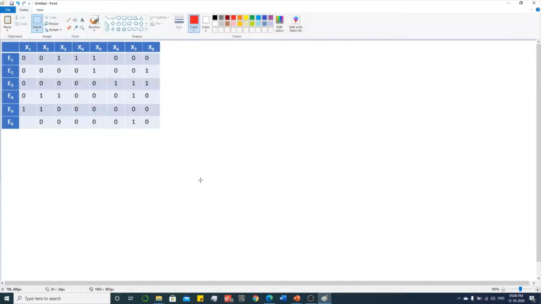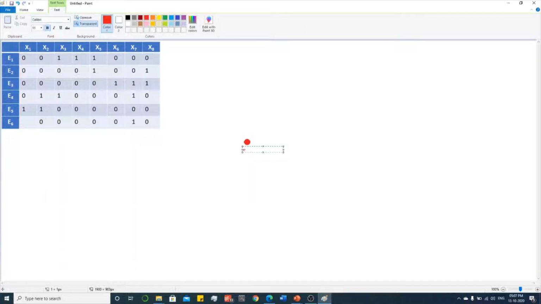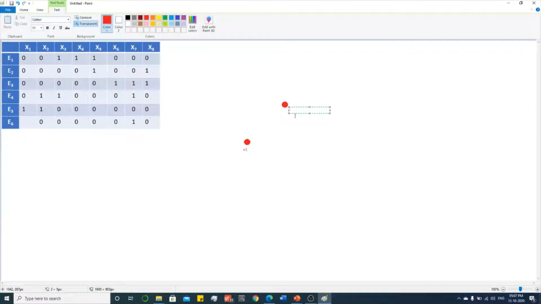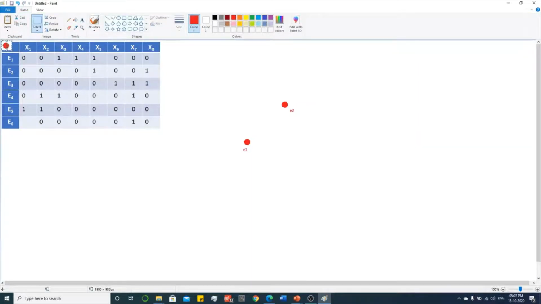In this dual graph, the nodes will become E1. So this is the first node, let me name it as E1. Next is E2. Next is E3.